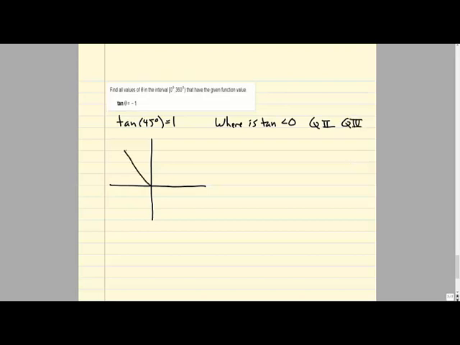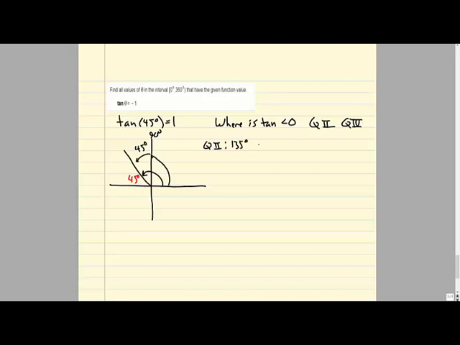So I need some quadrant 2 angle that has a 45-degree angle as my reference angle. So that would be 90 degrees, and this would have to be plus another 45 degrees in order to have my reference angle here. So 90 plus 45 is 135 degrees. So my quadrant 2 angle would be 135 degrees.